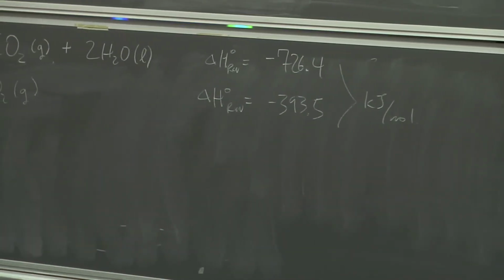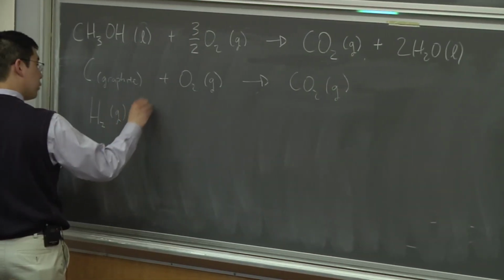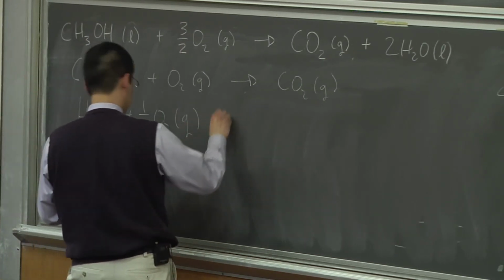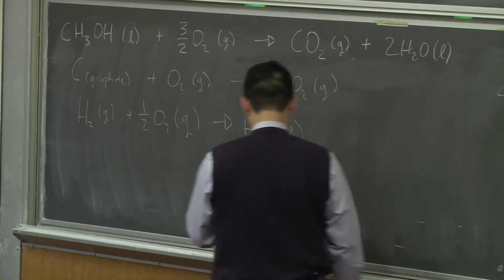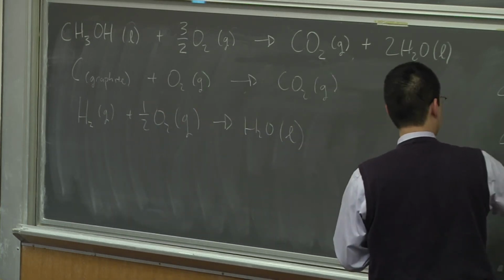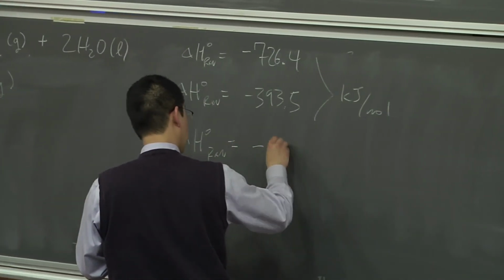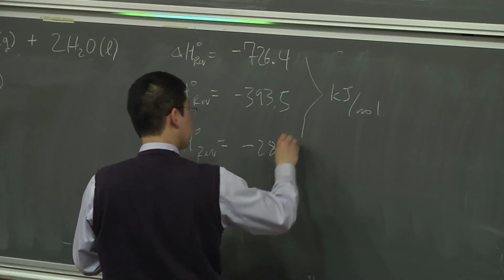And the third one is H2 gas plus 1/2 O2 gas gives you H2O liquid. And the delta H naught of the reaction equals negative 285.8 kilojoules per mole.